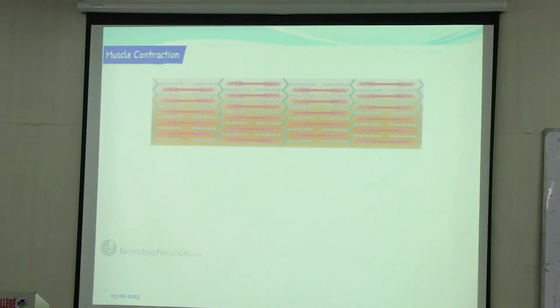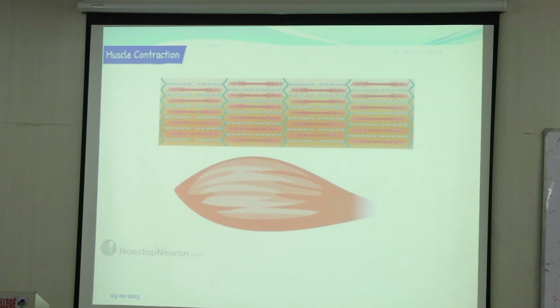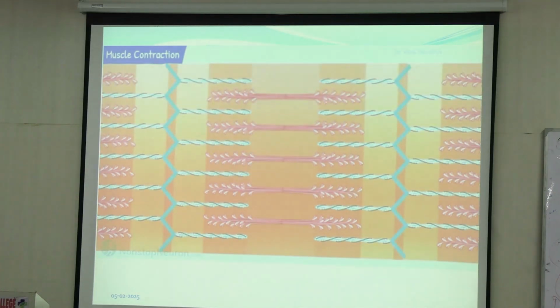A similar shortening of sarcomeres reduces the length of the muscle fiber and thereby the muscle, and this produces muscle contraction. Now, a few points regarding the length of different bands. See, the A band is the region of thick filaments, and the I band is the region of thin filaments without overlap.